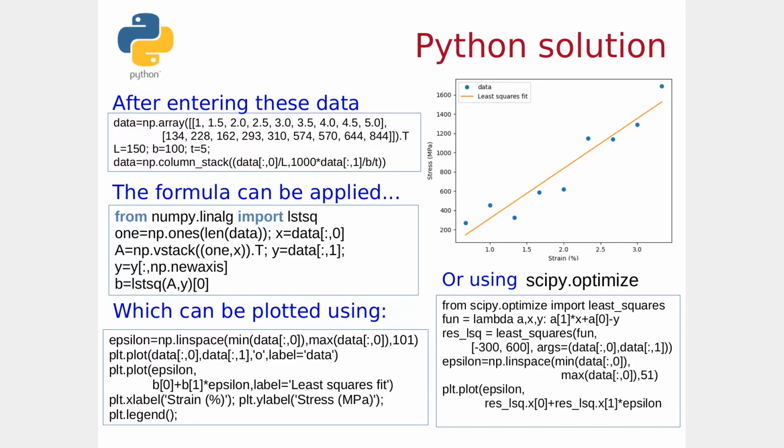So the residual for the least squares is equal to the least squares function, which is the function I'm trying to optimize. I've given it some initial values, minus 300 and 600 in this case. I've then given it arguments. Well, the arguments are x, y, and y1. So they're the arguments which also need to go into that function.